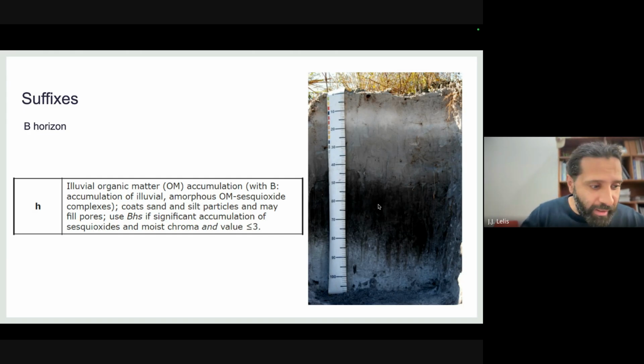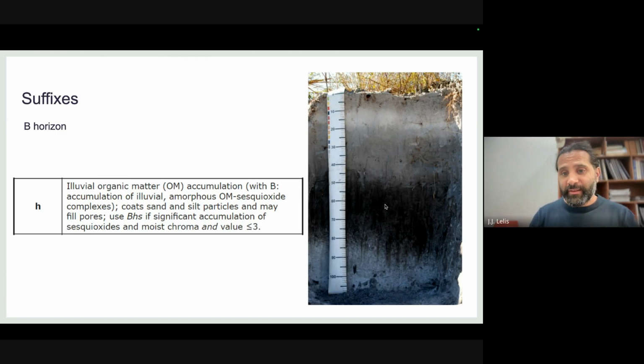This organic matter at this deep horizon, at this depth, is expressing migration. So the organic material migrated from the surface and it's concentrated here. And because of this, I will call it a B horizon. And because of the concentration of organic matter, I should call it a Bh horizon. Okay, this h horizon expresses this dark color and the concentration of organic matter.